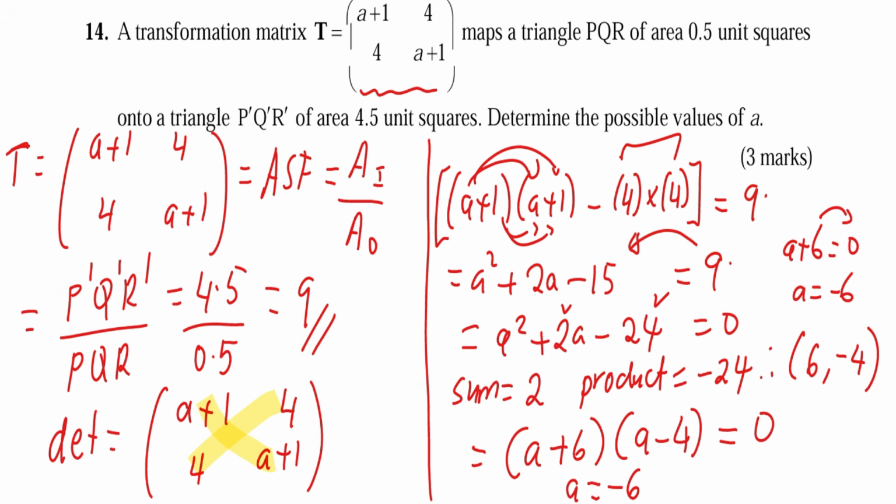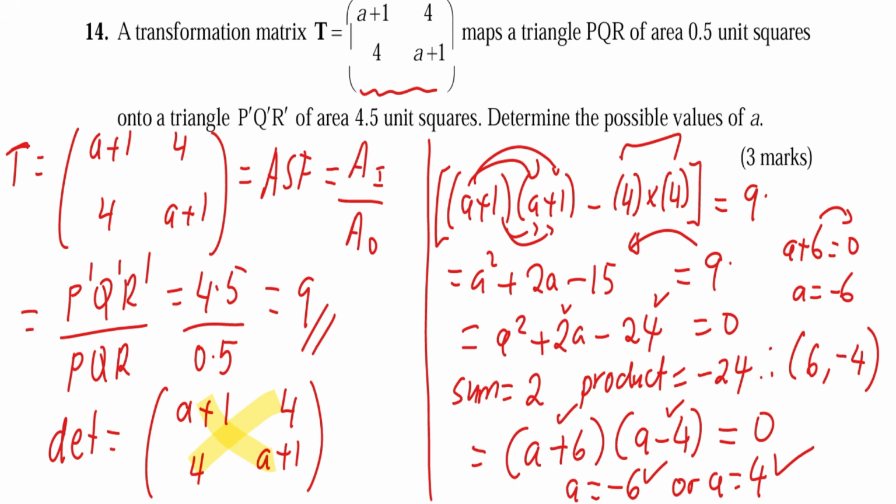The other one, A minus 4 equal to 0, A will be positive 4. Change the sign of this, change the sign of this, and you get the values of A. And therefore the possible values of A I have already written. So it's either negative 6 or 4.